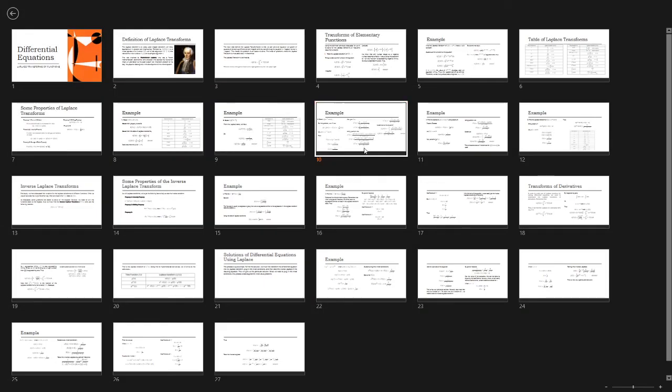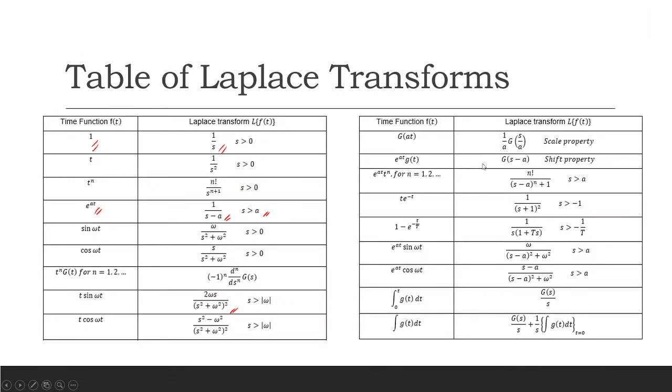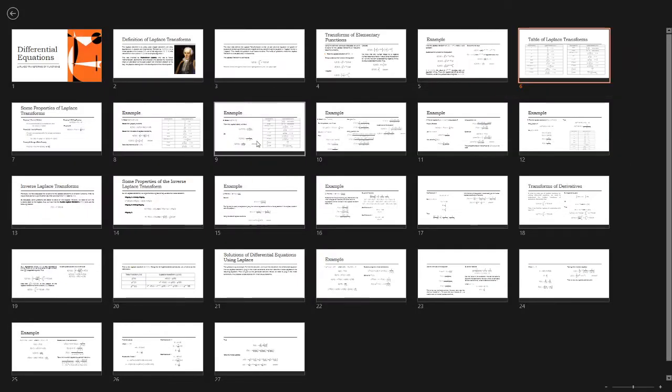Pakita natin sa Laplace table. From our example earlier, ito siya. Ayan, dito natin siya binase. So, we have S minus A over S minus A squared plus omega squared.